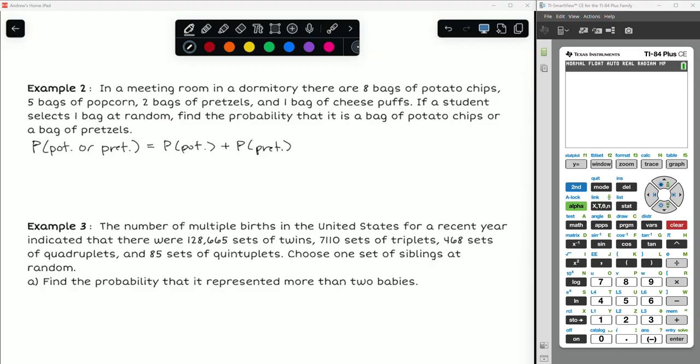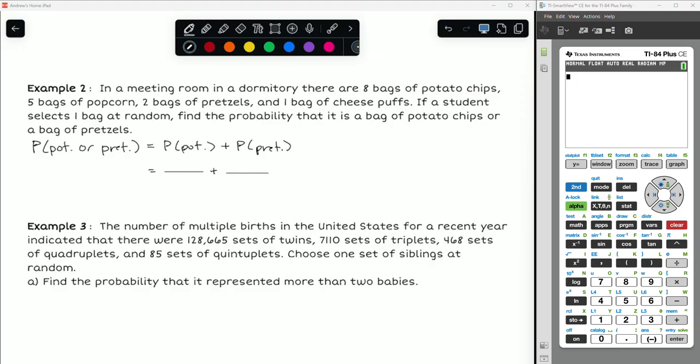And looking at the outcomes, there's potato chips, popcorn, pretzels, and cheese puffs. None of that overlaps. It doesn't say that any of the bags are potato chips and pretzels. So it's one of those 4 by itself, meaning there's no overlap, so I don't have to worry about subtracting any overlap. We do have to do a little bit more work for those individual probabilities. We're going to have to set up their probability fractions.